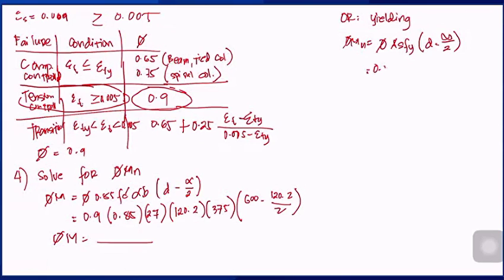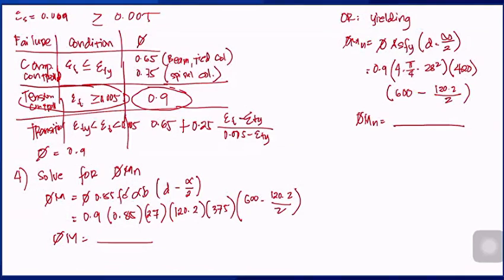What is Fs? 4 multiplied by pi over 4, 28 squared, 420, 600 minus 120.2 over 2. So what is phi Mn? Can you compute kung ilan?